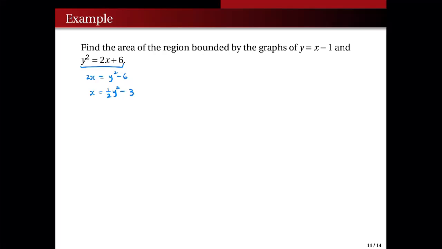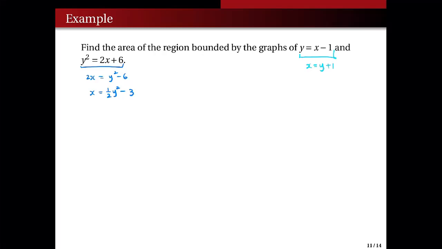And then for this guy here, we will have x equals y plus 1.